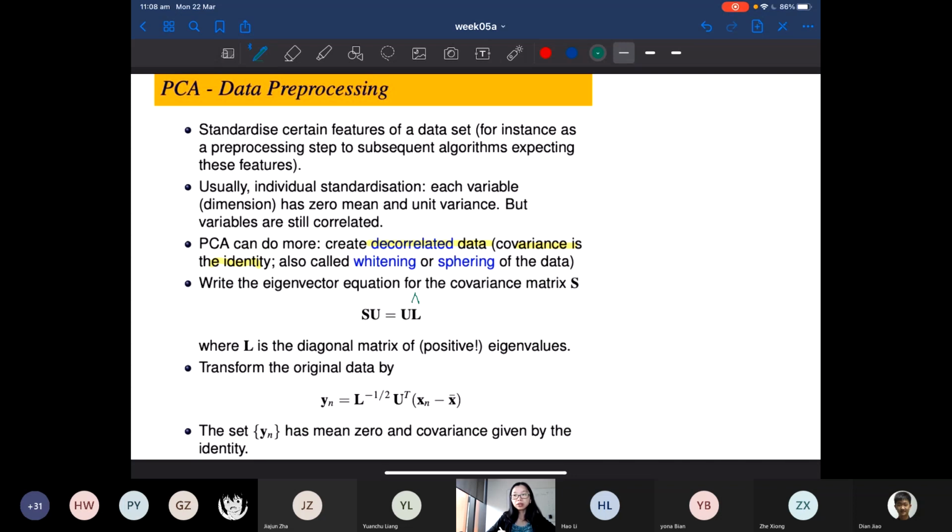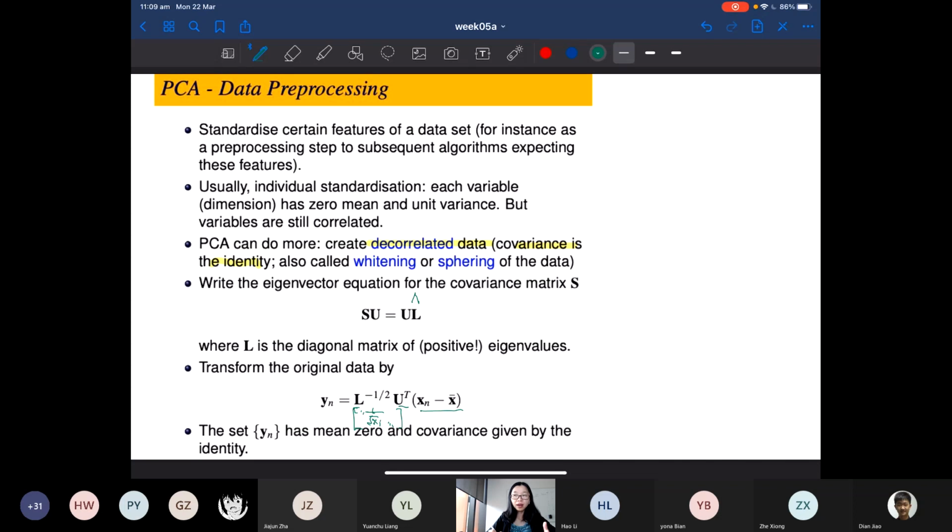And the data transformation in matrix form is essentially 1 over square root of L in matrix terms. So basically, 1 over square root of lambda, like a big diagonal matrix, times U transpose, with yn basically the centered version of x with respect to its mean.